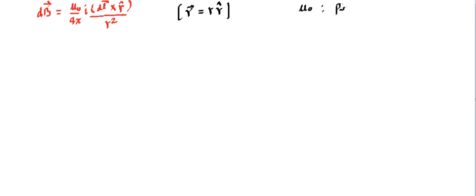This mu naught is known as permeability of free space or vacuum. That means this formula, or this magnetic field, depends on the medium. So this mu naught depends on the medium, very similar to the epsilon naught. If a medium is given to us, we will replace this mu naught with mu. So mu will be known as permeability of medium.